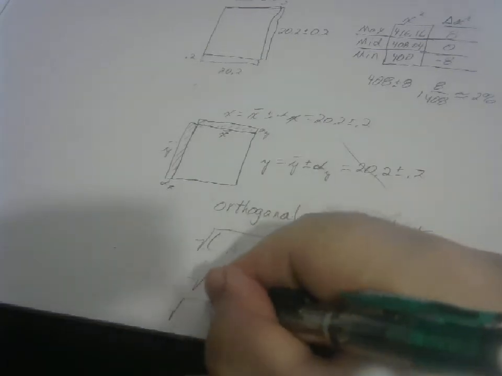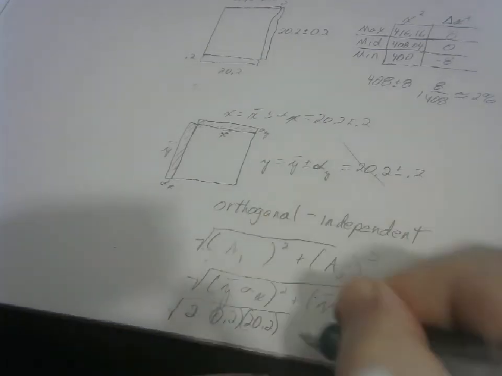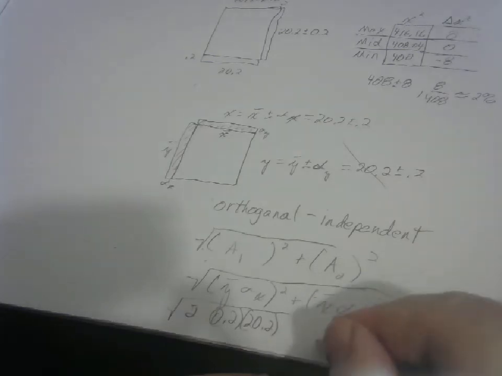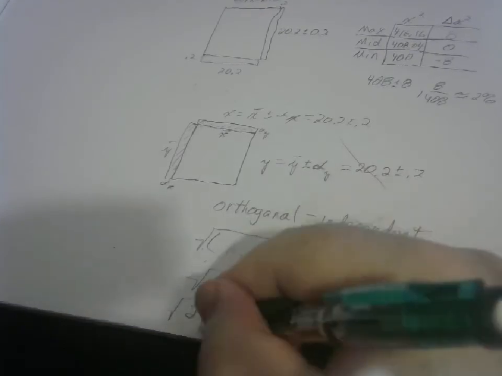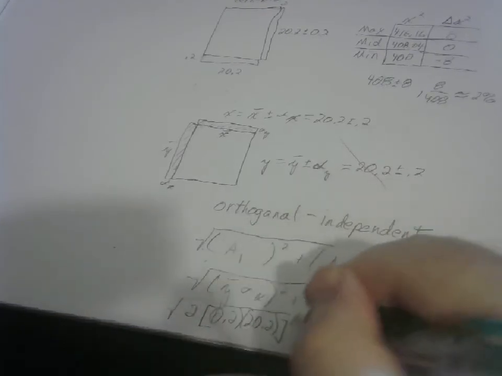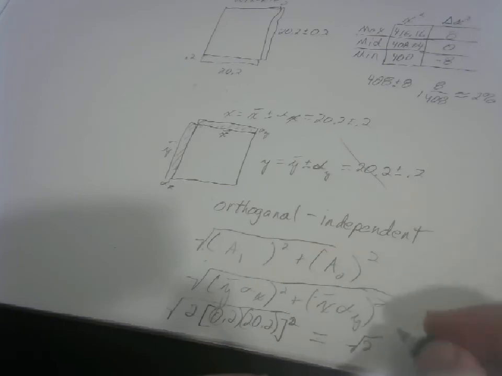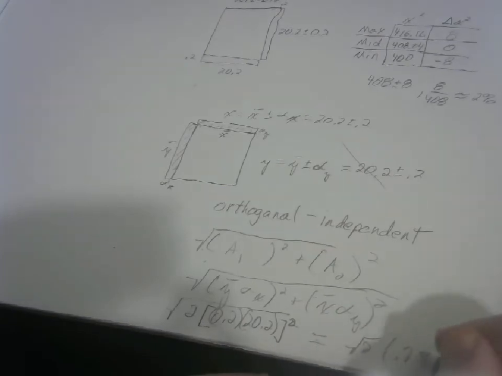So the square root of 2 times that, which would have been equal to the square root of 2 times 0.2 times 20.2.